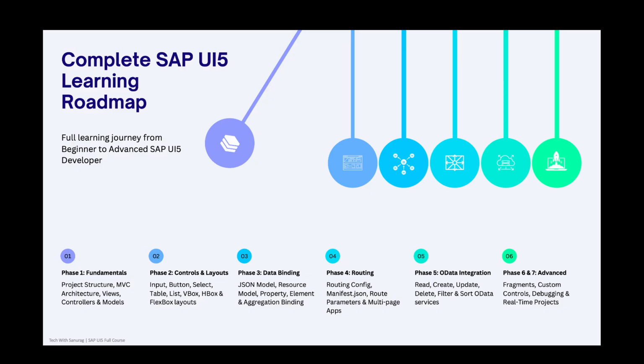We will start with fundamentals, then move to controls and layouts, later on, models and data binding, after that, routing and navigation, OData integration, advanced concepts, and finally, real time projects. Let's understand each phase and why it's important.